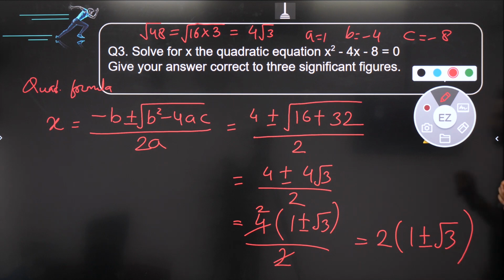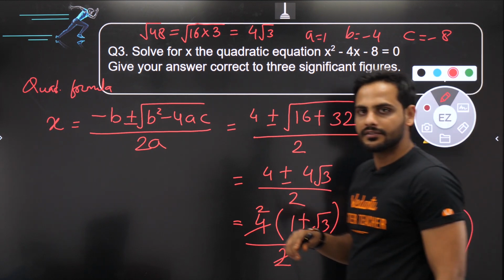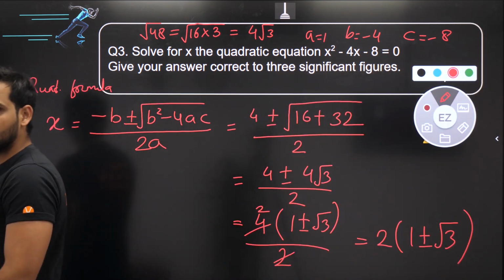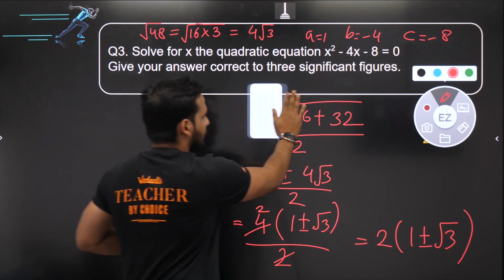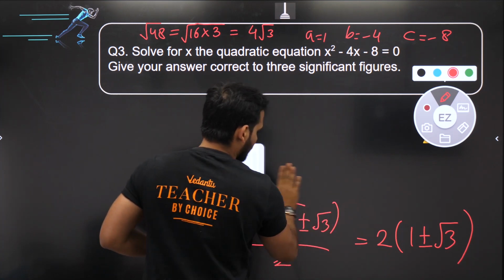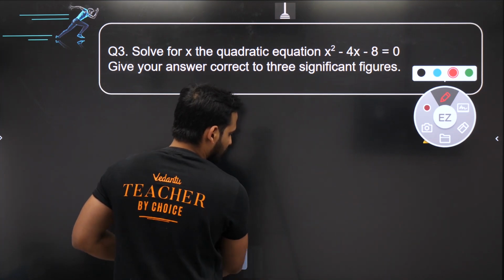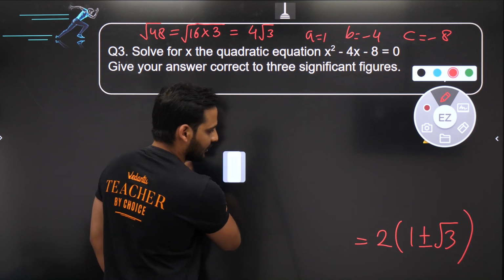This is the root. We need to get this value of the root up to 3 significant figures. So what I'll say is, we know that the decimal value of root 3 is 1.732, correct?